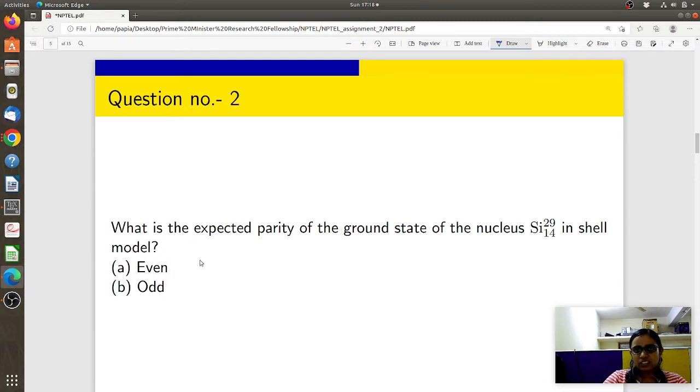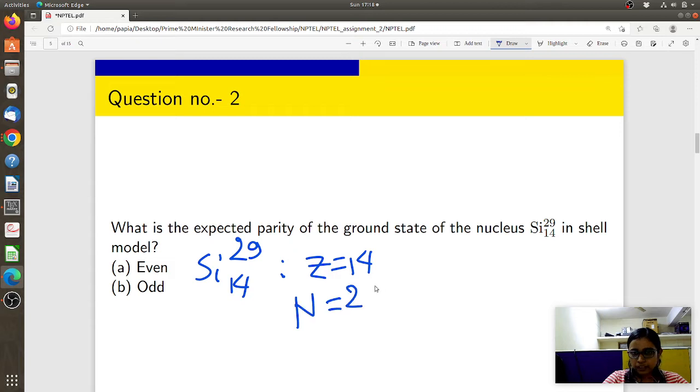So let us write here silicon-29. For that, Z equals 14 and N equals 29 minus 14, so that means it will be 15. As I already told you, the 14 will not give any valence nucleon.